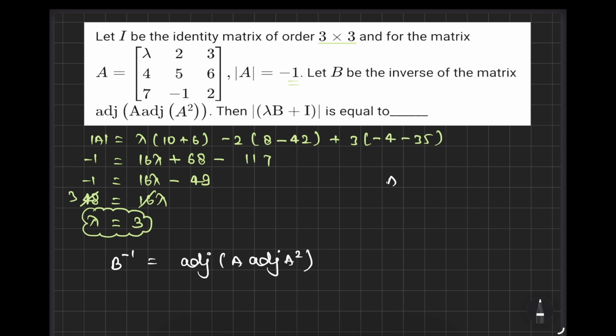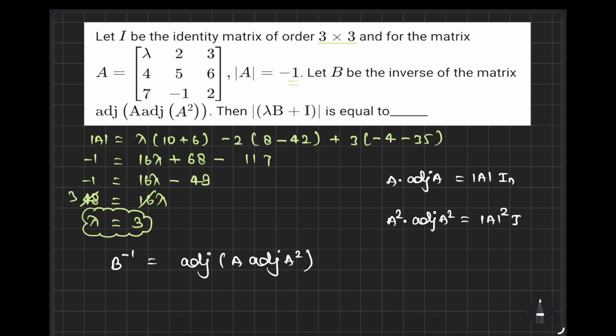So what I will be doing, you know that A times adjoint A will become determinant of A times IN, correct or wrong? So instead of writing this, can I replace A with A square? So this thing will become A square adjoint A square will become determinant of A square.